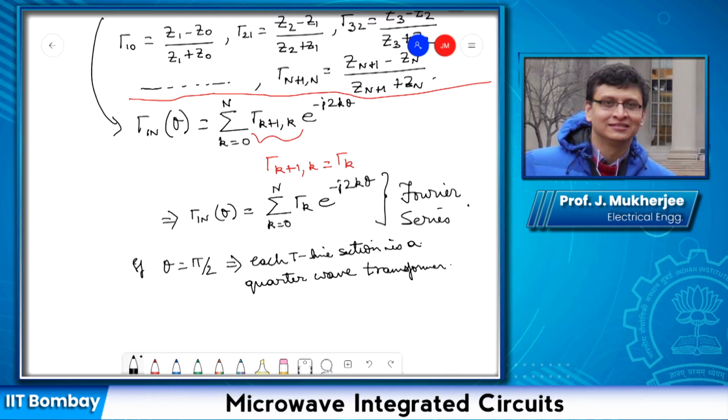So let us say that theta equal to pi by 2.